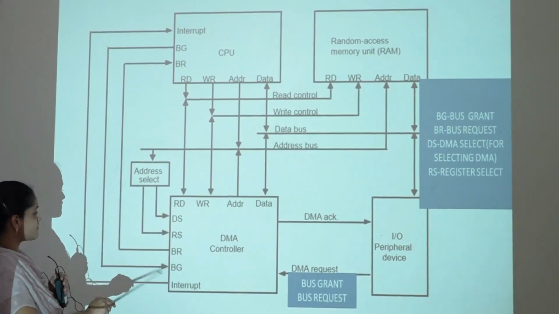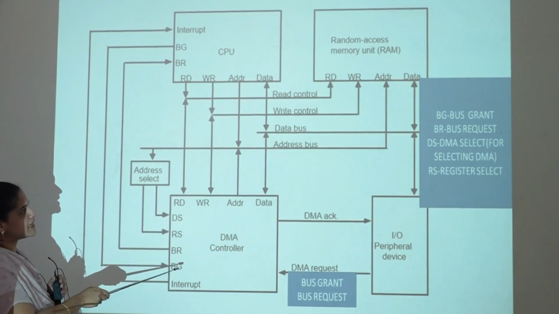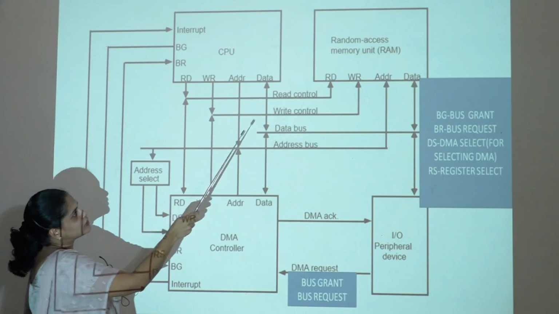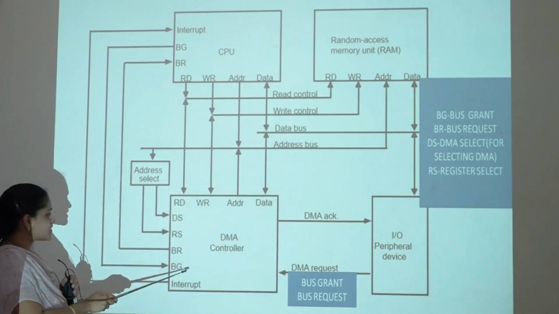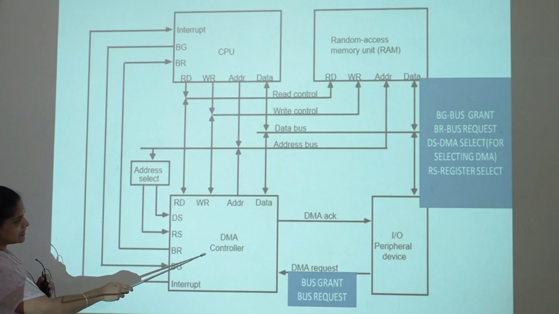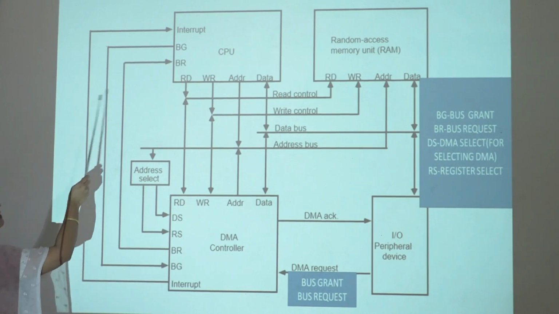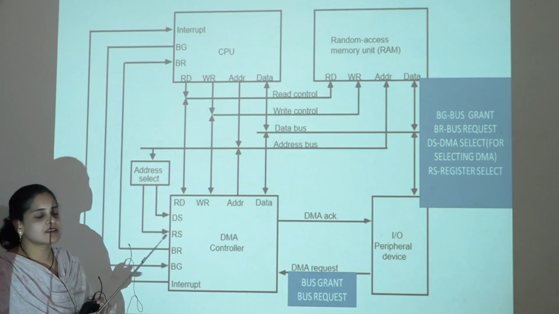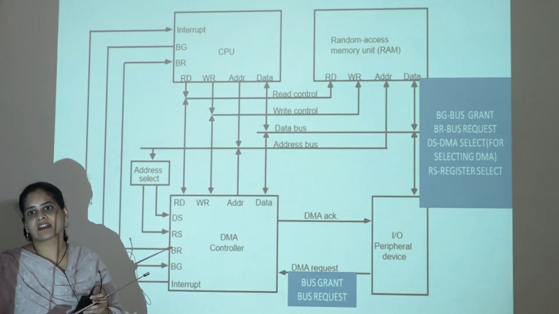So once the entire process is completed, once the information from the peripheral device is transferred completely to the memory unit, the next thing is it will send an interrupt. Once the data transfer is completed, the DMA controller will send an interrupt signal to the CPU, and this interrupt signal means that the DMA controller is done with the data transfer operation.